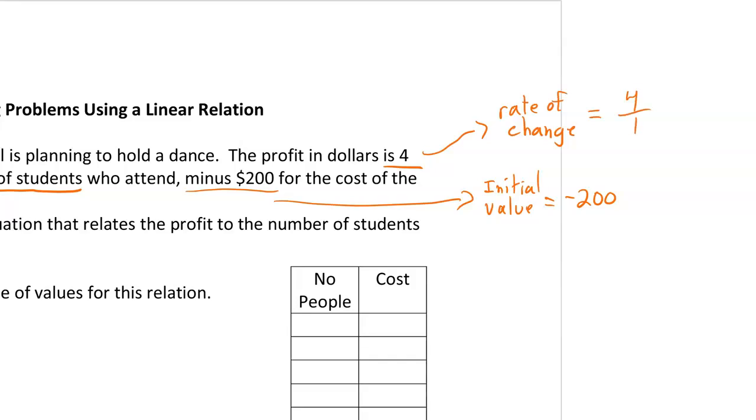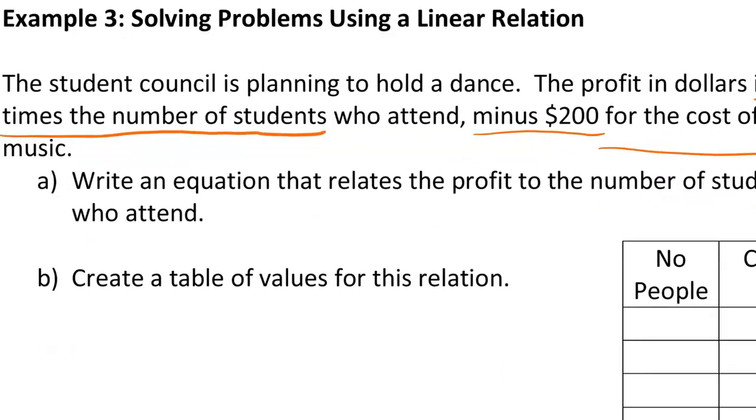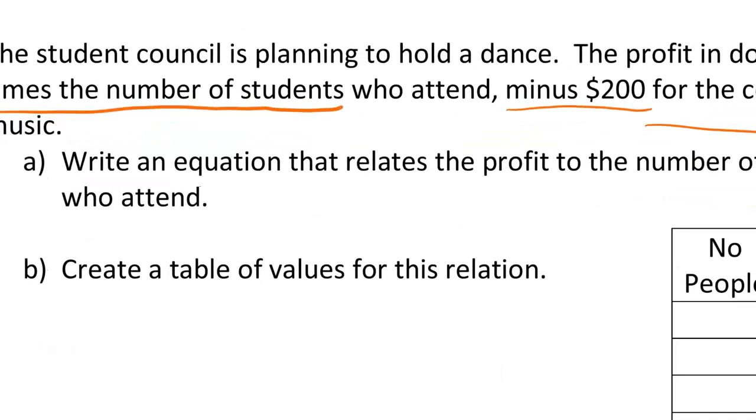So now that we have our initial value, which would be like our constant, and our rate of change, we can create this equation. So y equals 4 times the number of students, which is going to be x, and our initial value, our constant there, is $200.